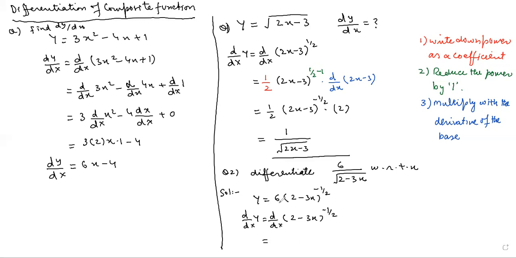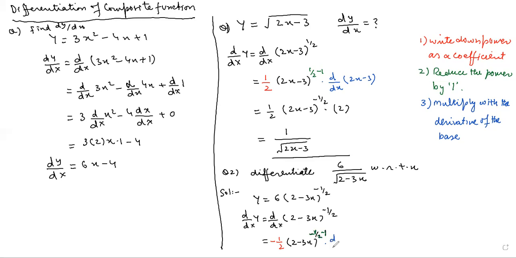Now we will apply 3 rules of differentiation. We will write down power as the coefficient. Subtract 1 from the power, and we will multiply with the derivative of the base. I will write down this minus 1 over 2 minus 1 with green color so that you can understand that this one is step number 2.